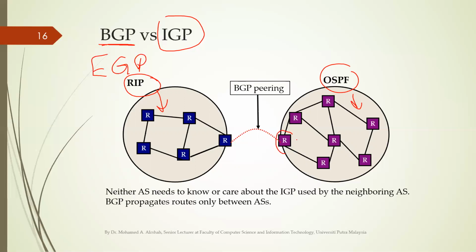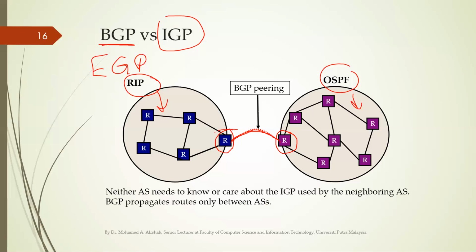So this router and this router are called BGP speakers. Together, these two form something called BGP peering. So neither AS needs to know or care about the IGP used by the neighboring autonomous systems. BGP propagates routes only between autonomous systems.